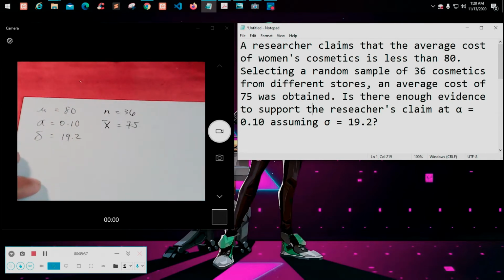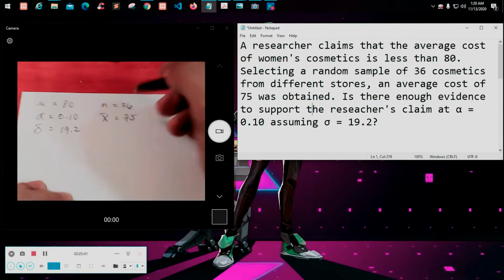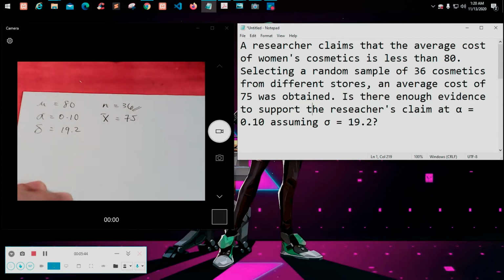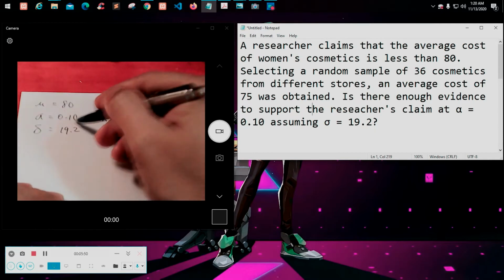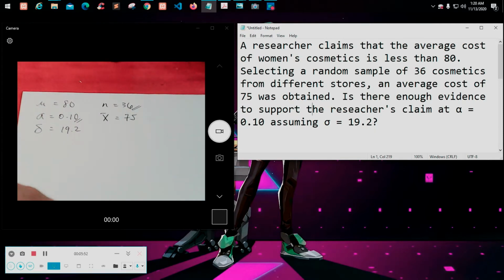Ayan. So observing the values we obtained, we have 36 for the sample size and then we also have the standard deviation.